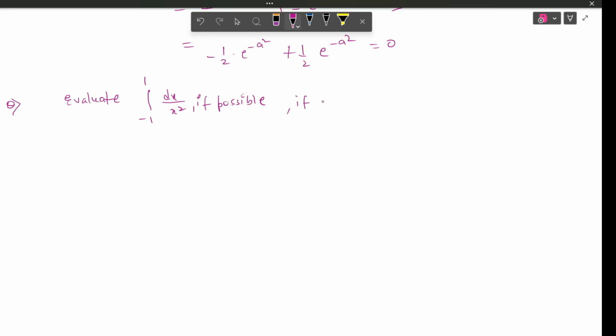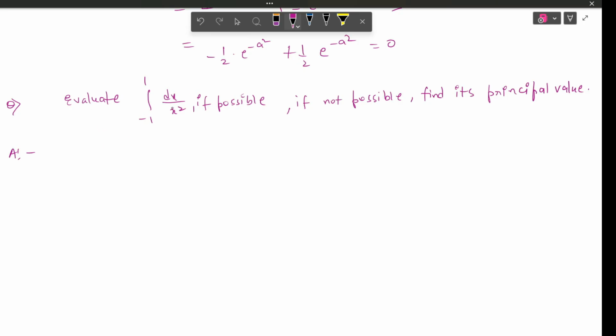If not possible, find its principal value. Find its principal value if not possible. So let's see the solution.